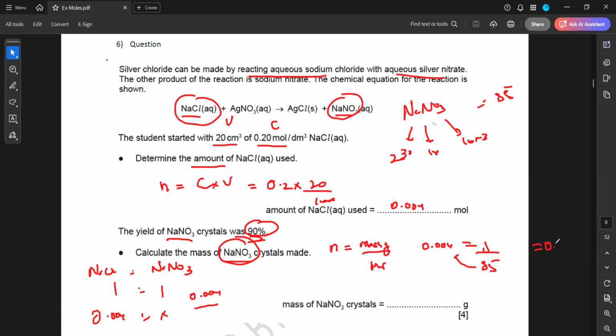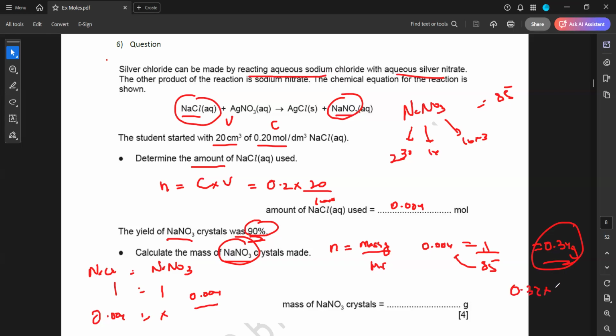So we got 0.34 grams of sodium nitrate theoretically, but the yield is 90%. We are only getting 90% of this. Like we should get 0.34, but we are only getting 90% of this. So what is the 90% of 0.34?